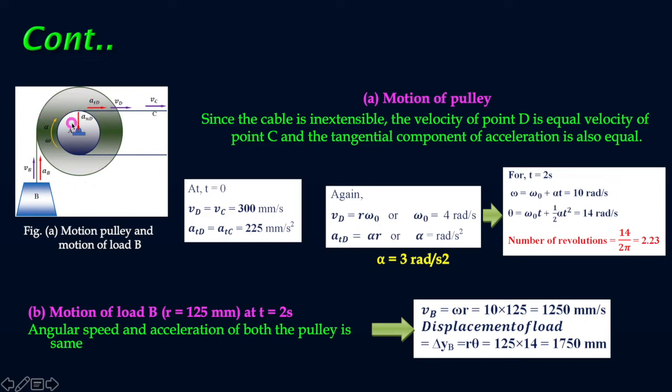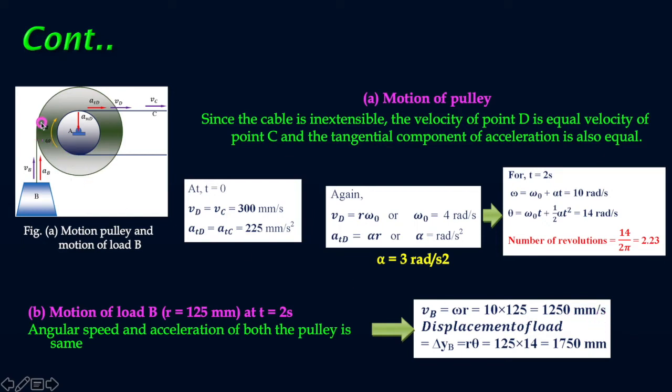So omega is the same for both, and that's why the final angular velocity we have calculated for the smaller disc, 10 radian per second, is the same for the bigger disc, and r is here 125. So 10 into 125 equals 1250 millimeter per second.